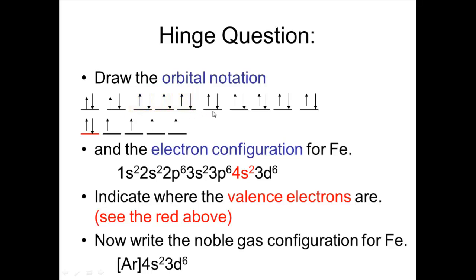The 6th blank represents the 3s. The next group of 3 lines represents the 3p. The final blank on the first line represents the 4s. The group of 5 blanks on the second row here represent the 3D sublevel.